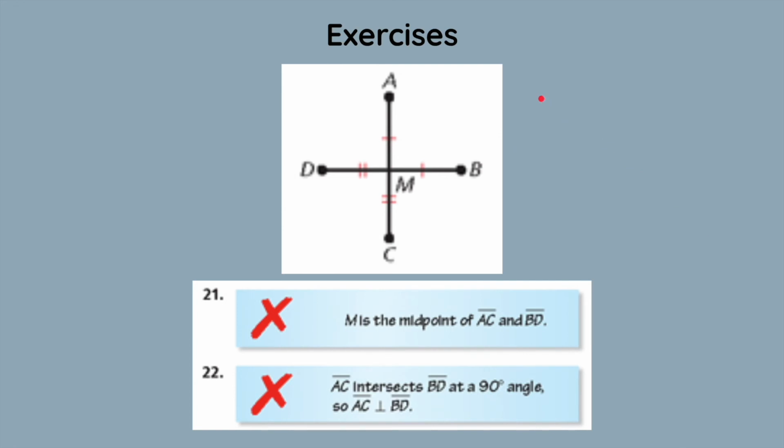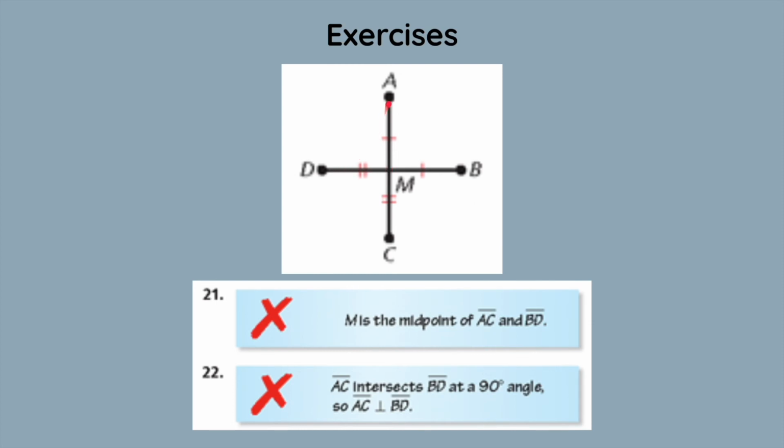So in order to determine that M is the midpoint of AC and BD, the segments would have to be marked congruent. And the ones that would have to be marked congruent are AM and MC, and then DM and MB. But based on the diagram, the congruent marks are not in the correct places in order to say that M is the midpoint.